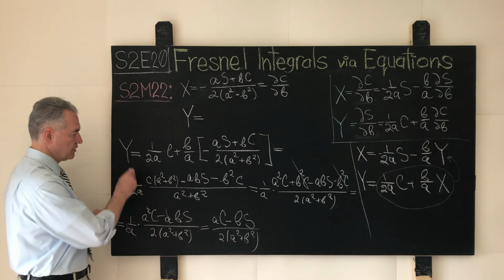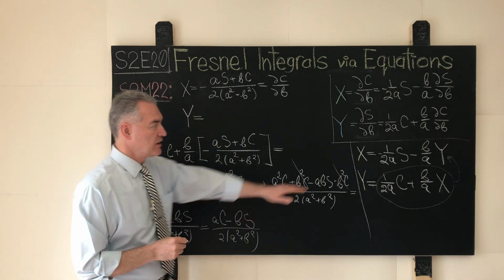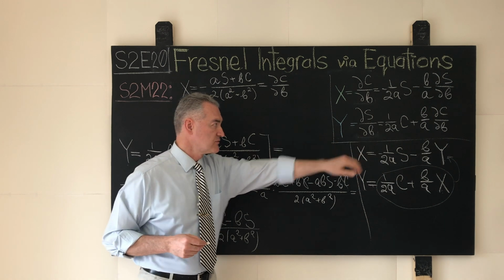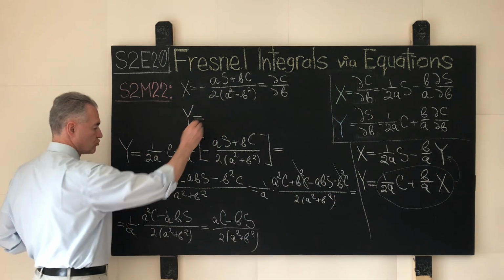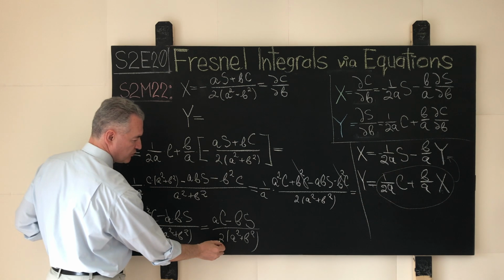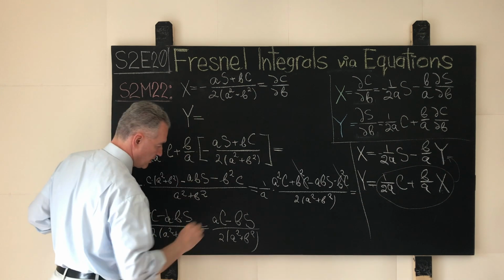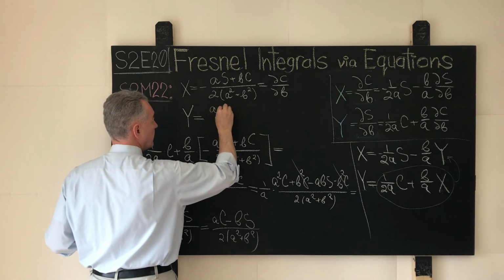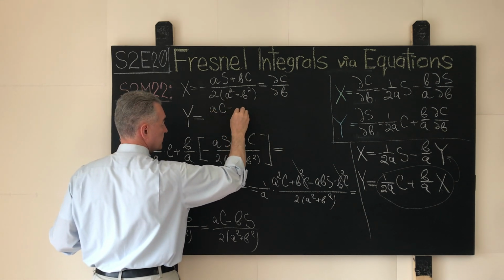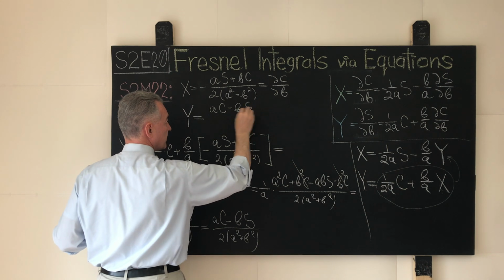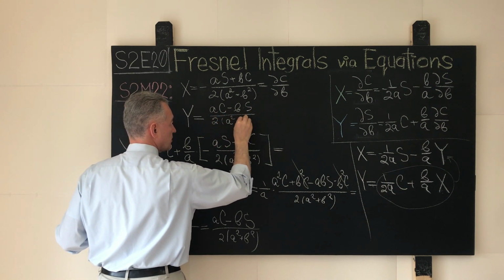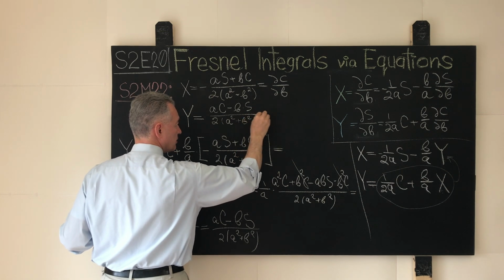Isn't that wonderful? And y, we remember we decided for y as the first partial derivative of the function s with respect to the variable b. I reserve some room over here. Let's simply move this result over here so we have everything in one place. So what do we have here? a times c minus b times s over 2 times a squared plus b squared.